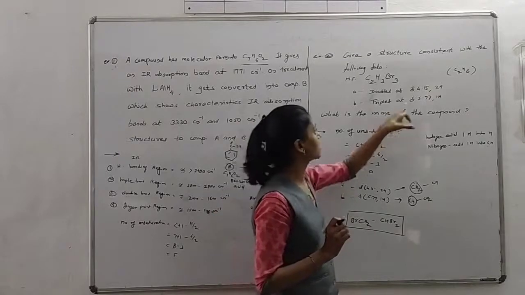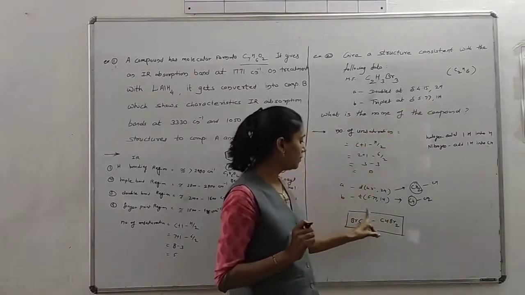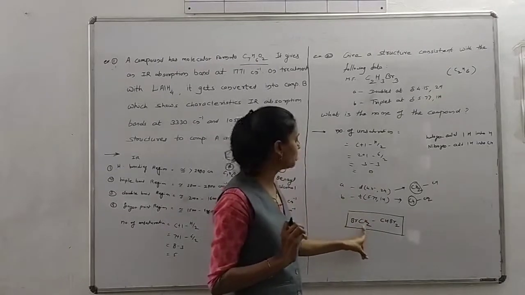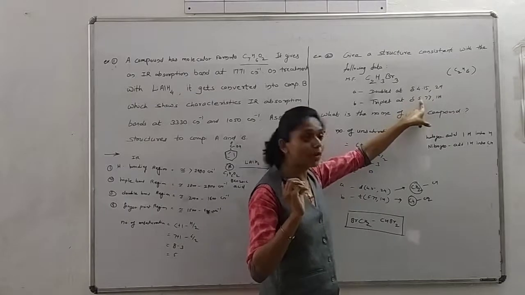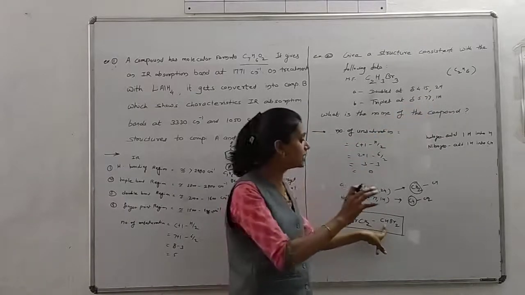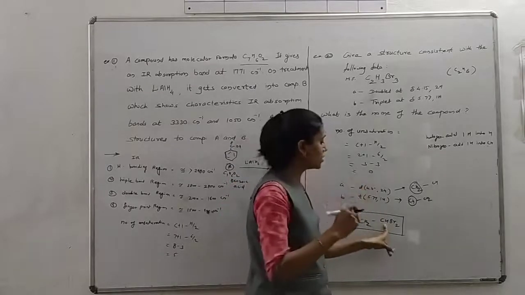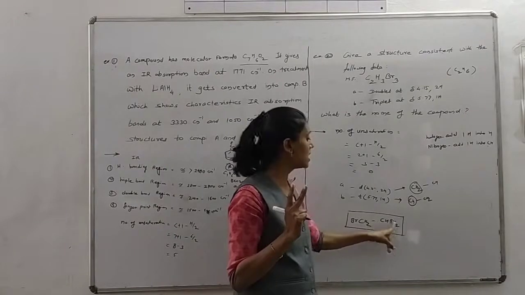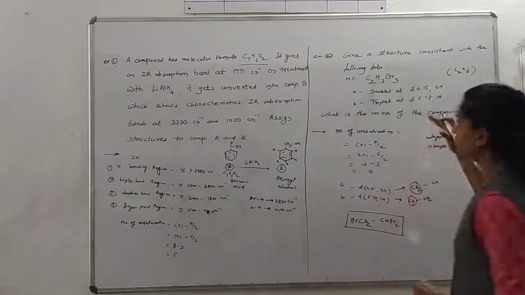And next, 1 proton here gives the triplet because the adjacent CH2 group is present, and it gives the signal at 5.77, which is more deshielded compared to this due to the presence of two halogen atoms attached to it. I think you understand the problem.